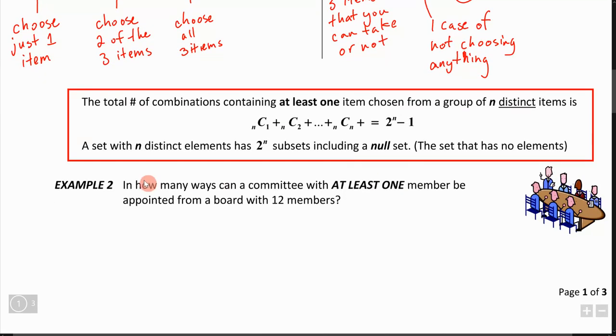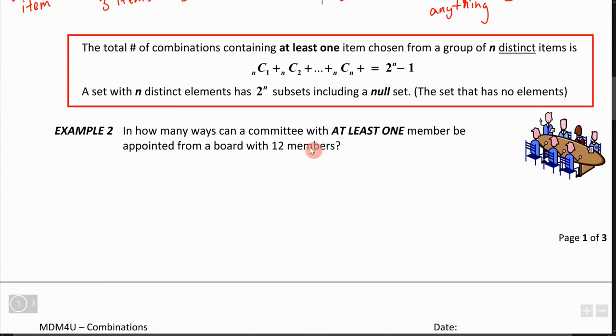Example number 2. In how many ways can a committee with at least one member be appointed from a board with 12 members? To use a direct method would look something like this.